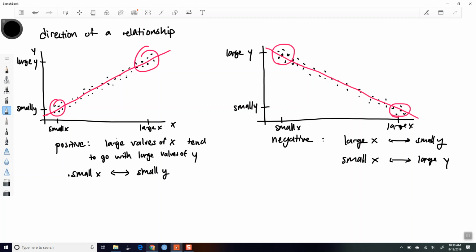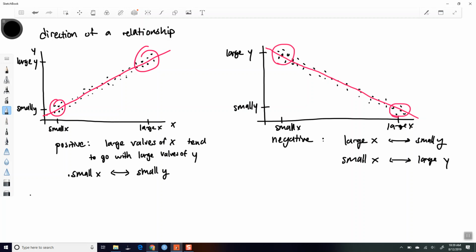You don't have to shout them out, just see if you can imagine something. I'll give you some examples in a moment. Try to think of something that might have a large x, large y positive relationship or not.